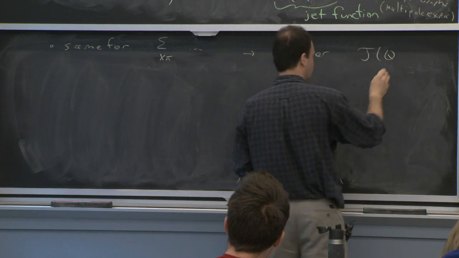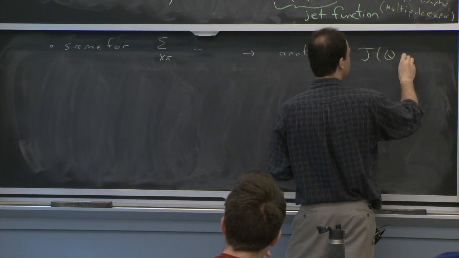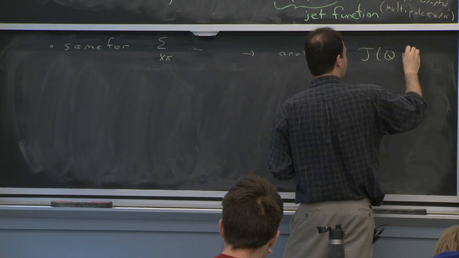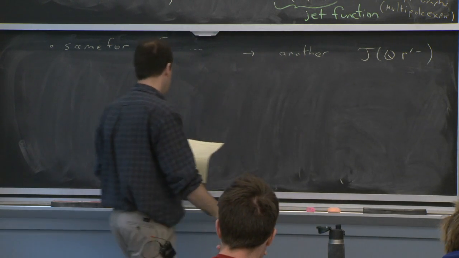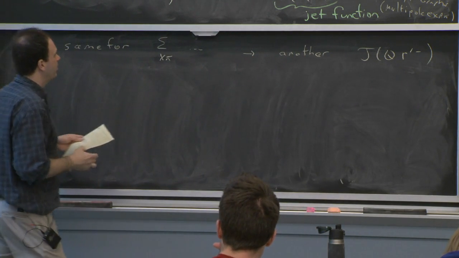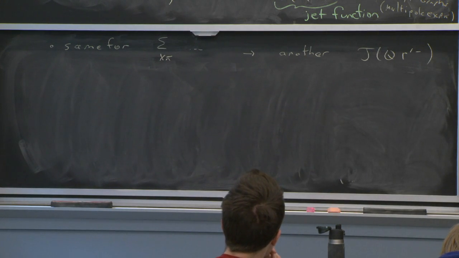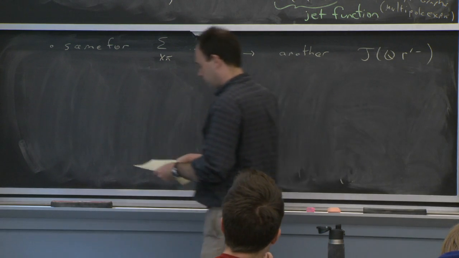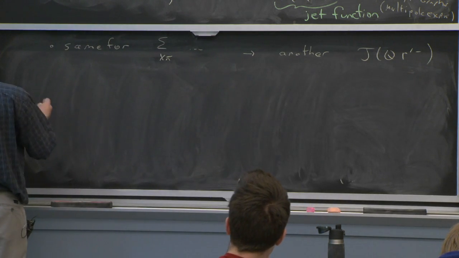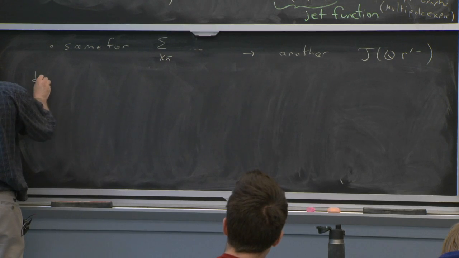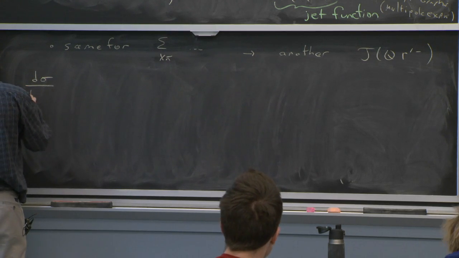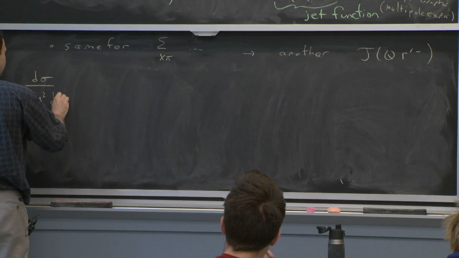Okay, but in this case, it would be q of some r prime minus some other momentum. And so what we then do is we take this formula, plug it back into here, do all the integrals. At the end of the day, we have lots of delta functions and lots of integrals, and we can boil everything down to just 2 integrals left over.